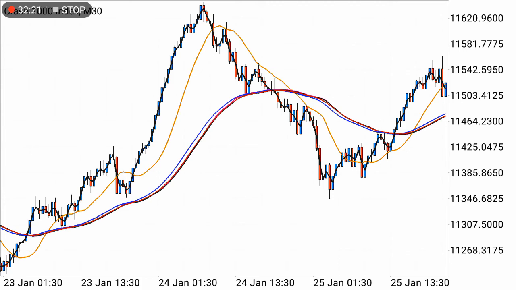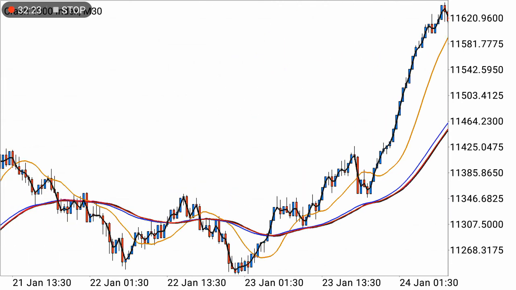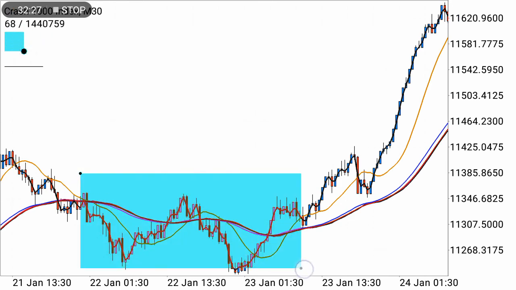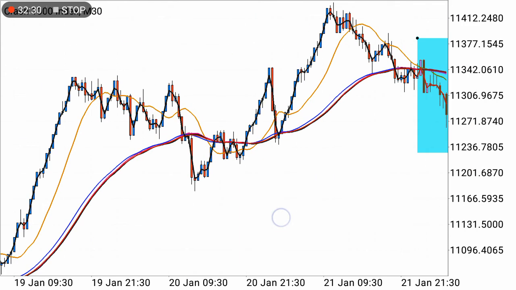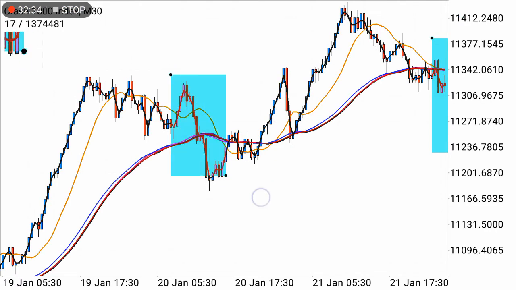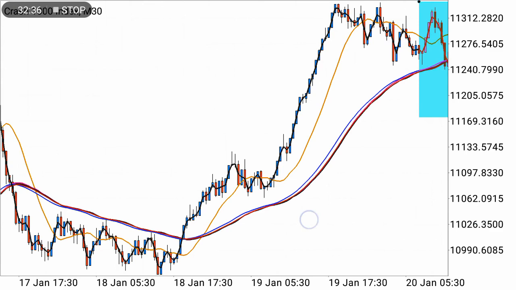Okay, now the market will show you the M and W. Look at this area, a W. And look at this area, clear things.